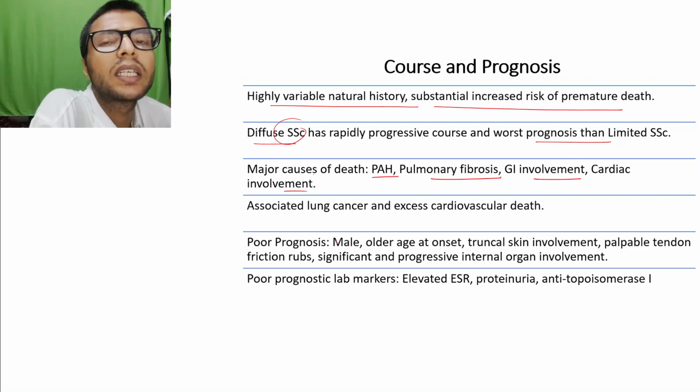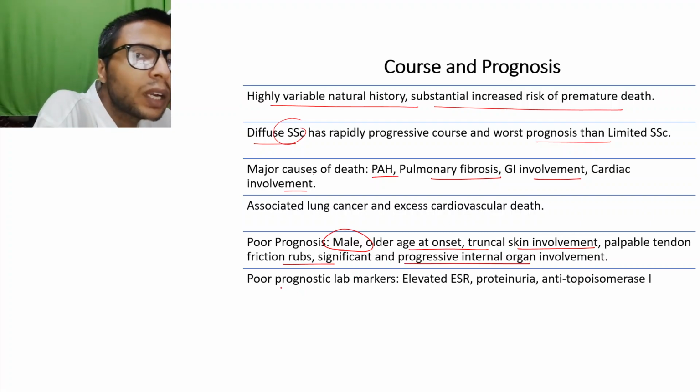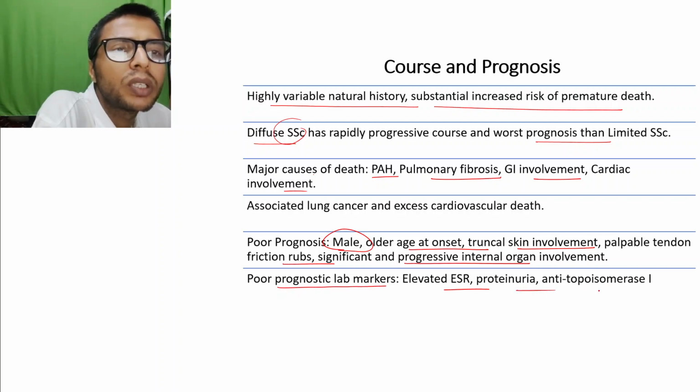Okay, and what are poor prognostic markers? Male sex, older age at onset, trunk involvement, palpable tendon friction rub, significant and progressive internal organ involvement. And what are poor prognostic lab markers? Elevated ESR, proteinuria, anti-topoisomerase 1 antibody.